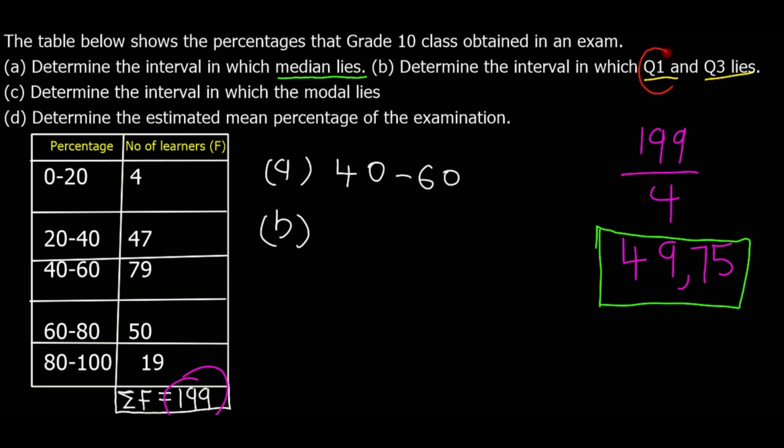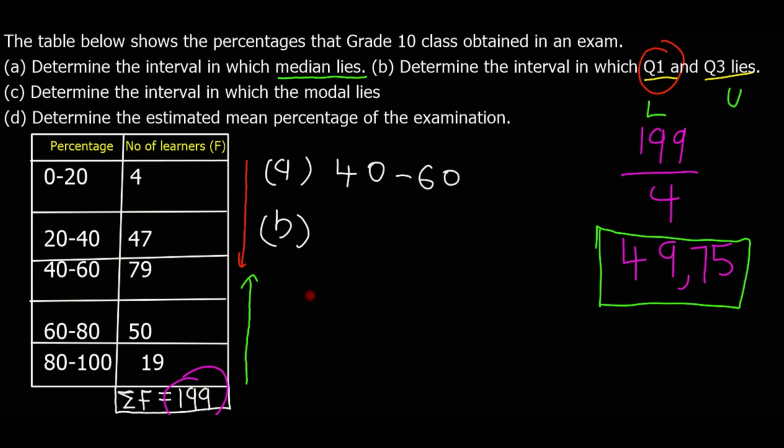When we want the lower quartile, we focus on moving from the lower percentage going down, and when we want the upper, we must move from the highest to the lowest, because this is the lower and this is the upper.